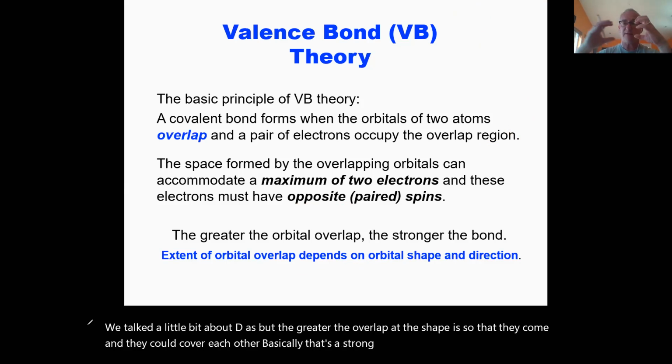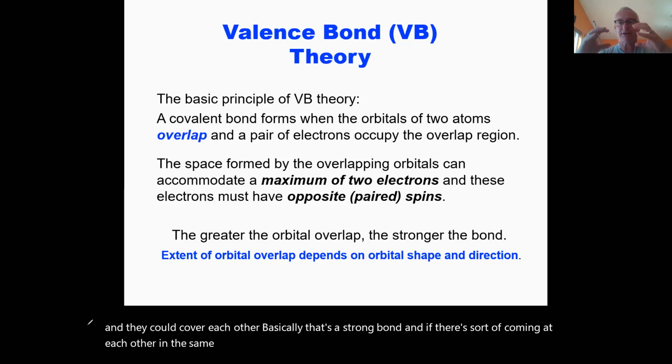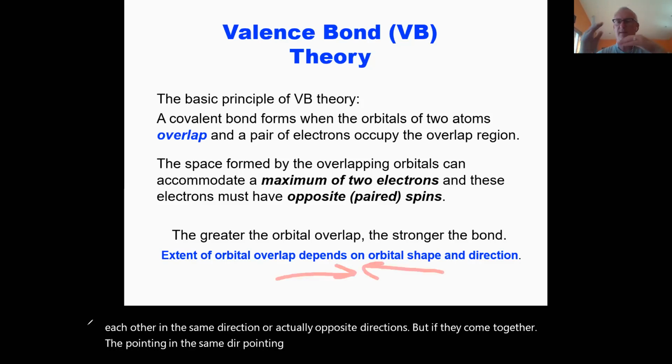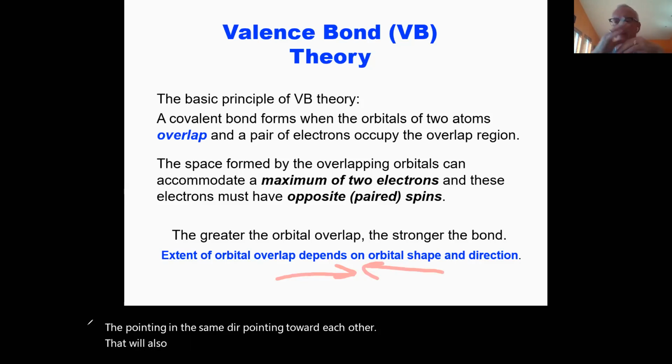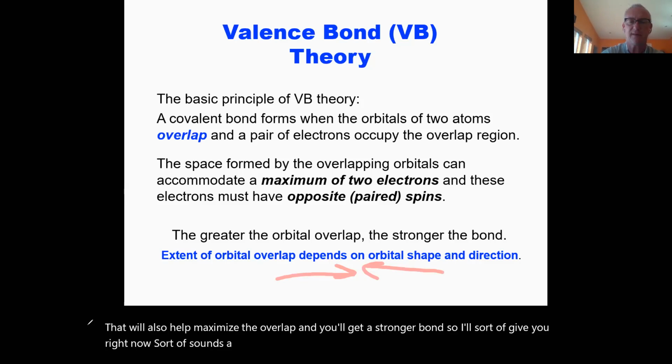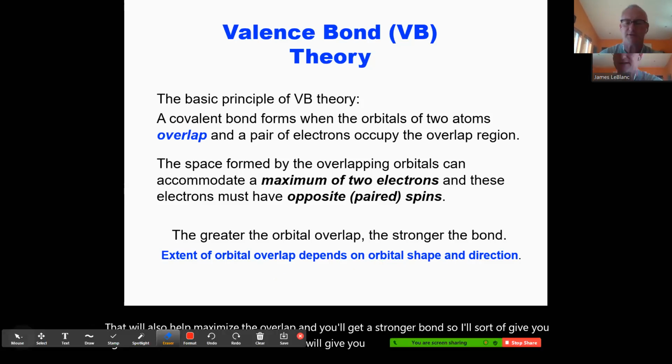And if they're coming at each other in opposite directions, pointing toward each other, that will also help maximize the overlap, and you'll get a stronger bond. Right now it sounds a little odd, but I will give you some examples to let you know what I'm talking about.